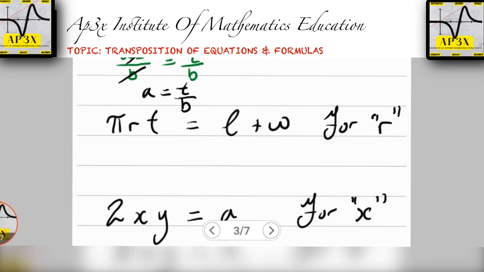We don't use these to find anything specific in real life. It's just a bunch of random letters that I've put together, connected by multiplication, division, addition, and subtraction. So here we have pi RT is equal to L plus W, and we need to make R the subject.